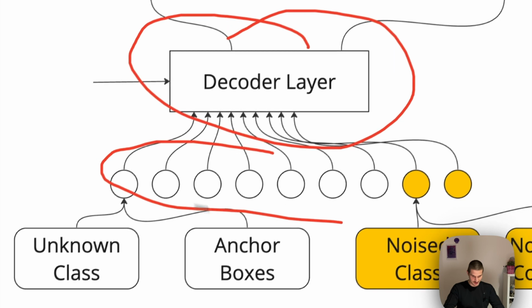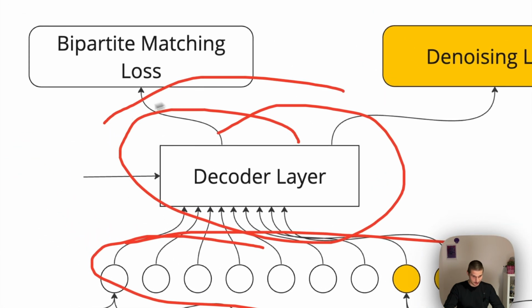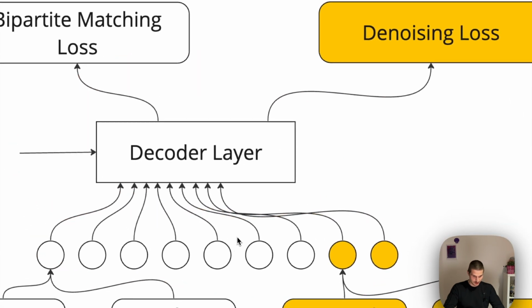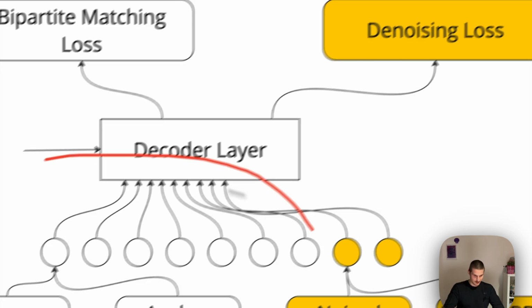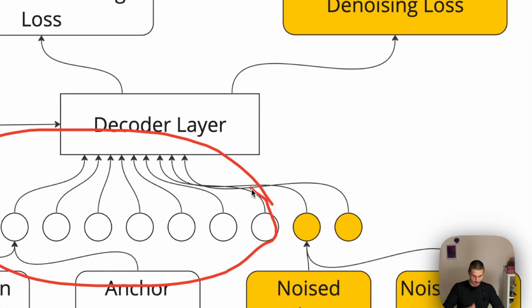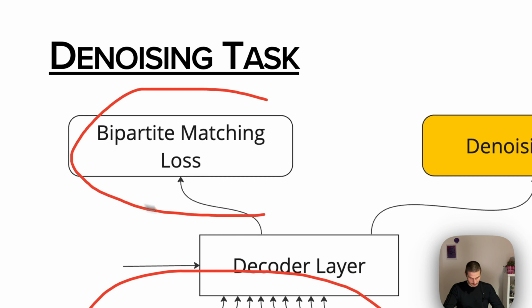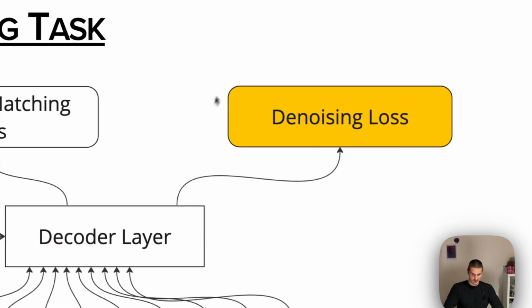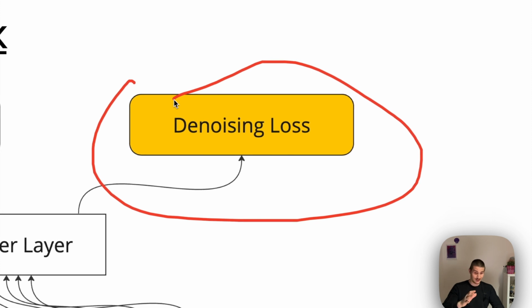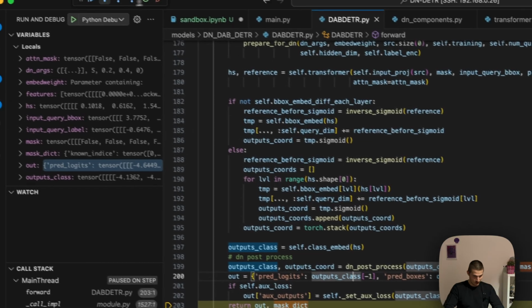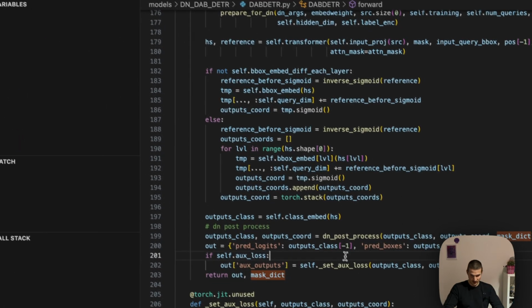It just receives a sequence as input and outputs the same sequence. But internally, we keep the information that these 300 queries are normal and these 35 are special. The normal ones are going to be connected to the bipartite matching loss later on, and the special ones are going to be connected to the denoising loss. And this is the end of the function.